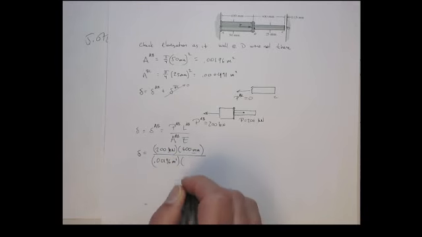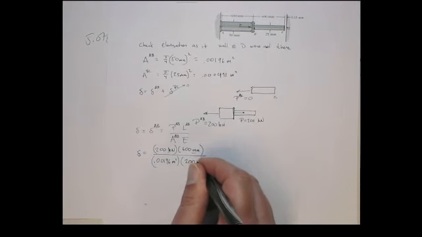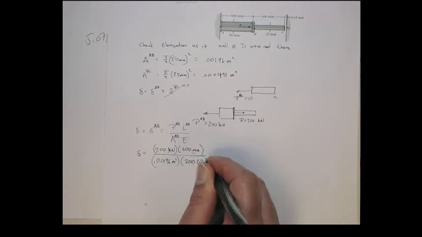Young's modulus, it's made out of steel, so that's 200 gigapascals.